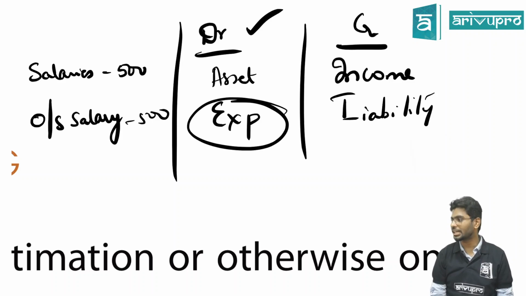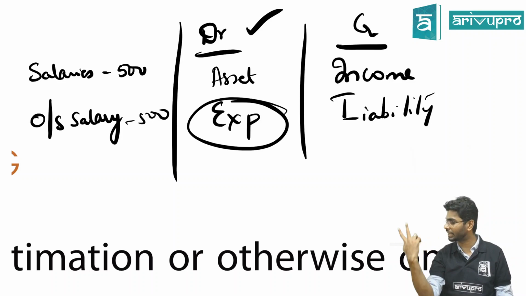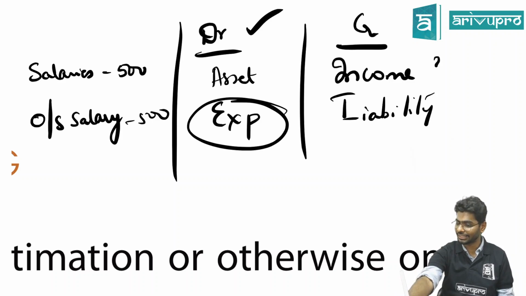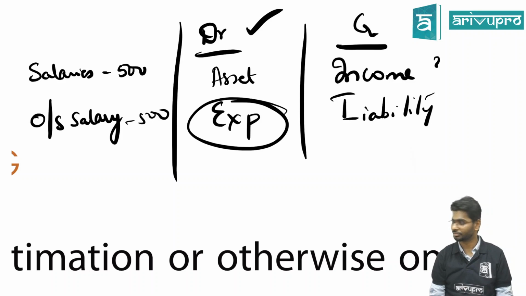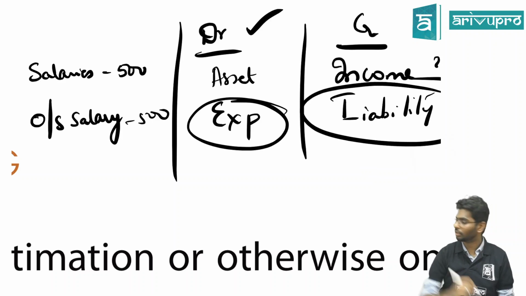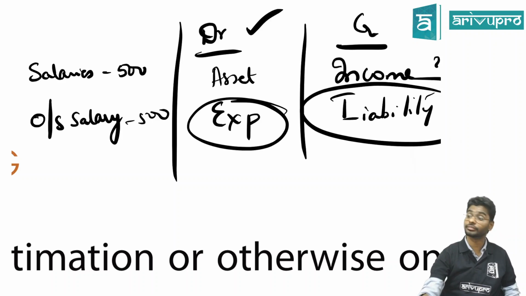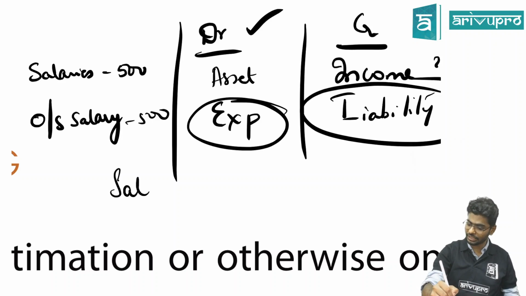Now, outstanding salary can only be two things. What are the two things? Is it an income or a liability? You know how to make a journal entry? What's the journal entry for outstanding salary? Salary account debit.